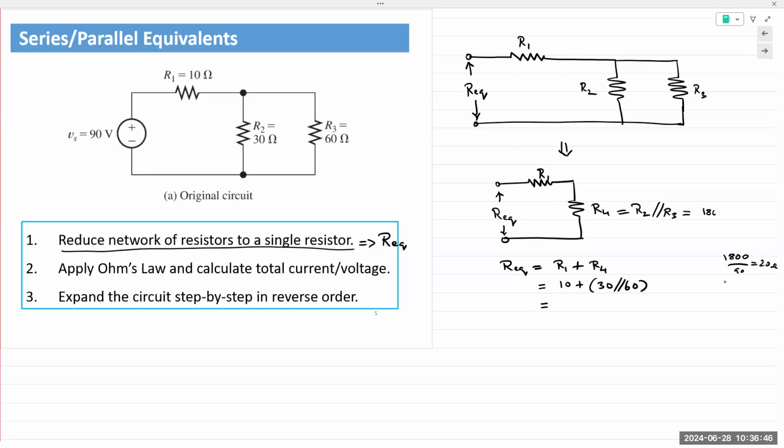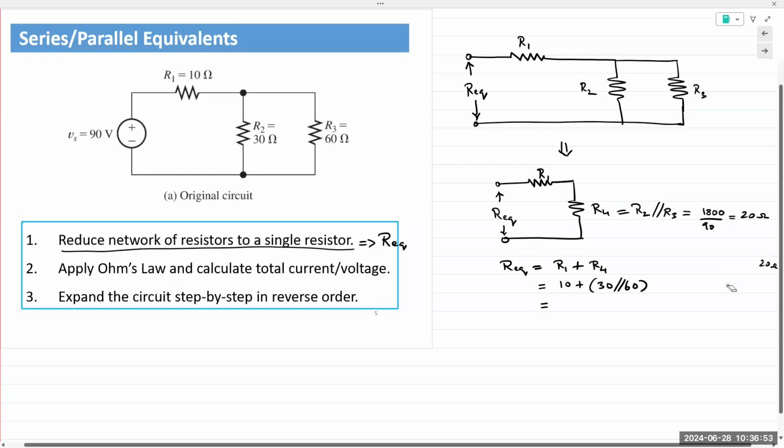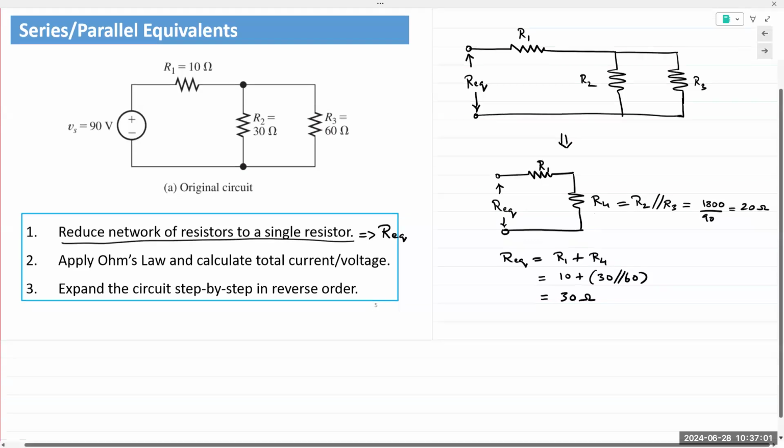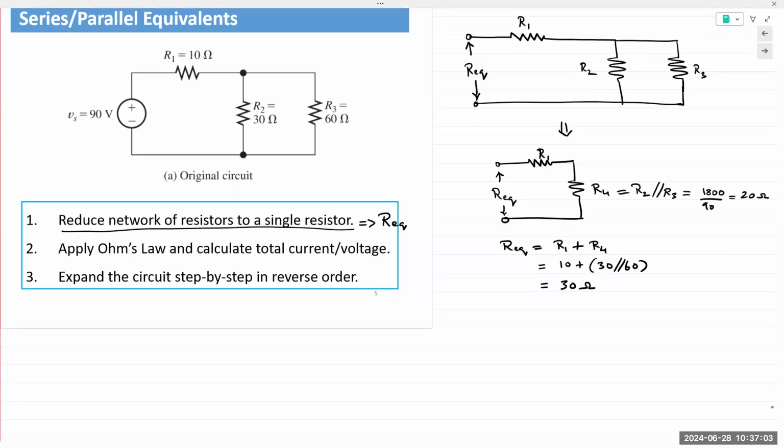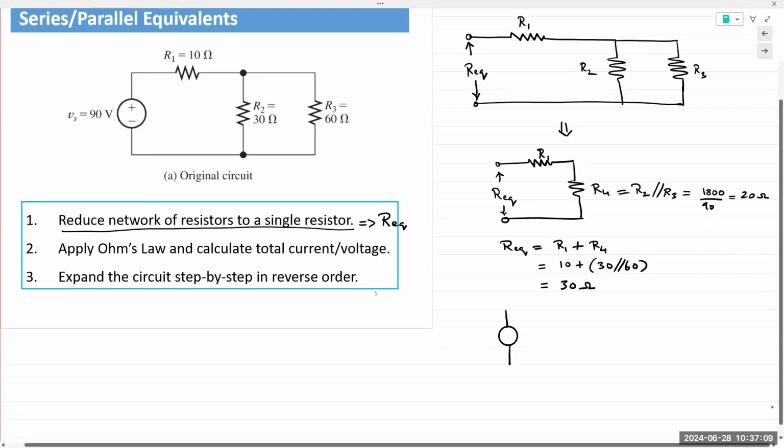Product of the two divided by the sum of the two. And 10 plus 20 gives me an Req of 30 ohms. So now after I find Req, I'm going to connect it back to the voltage source.